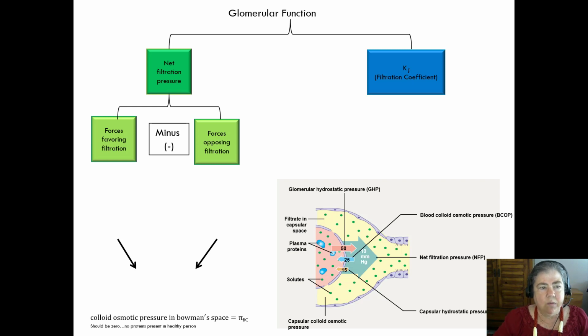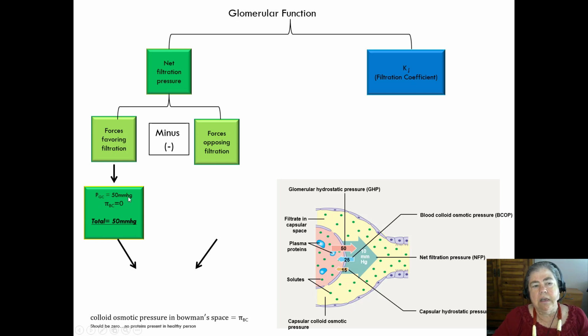So what do we mean by that? What are the forces that favor filtration? The primary force that favors filtration is the blood pressure in the glomerular tuft.